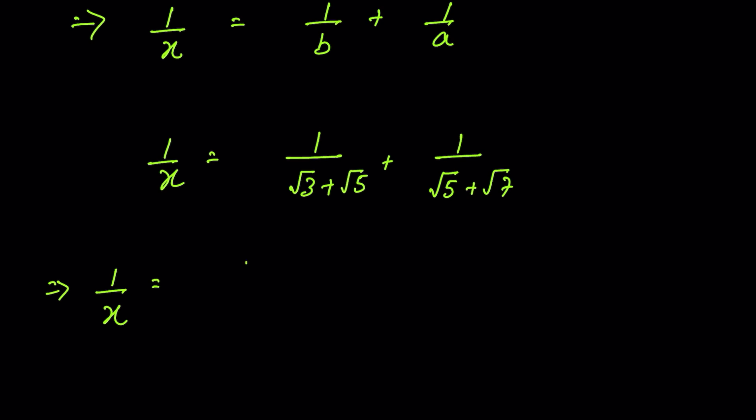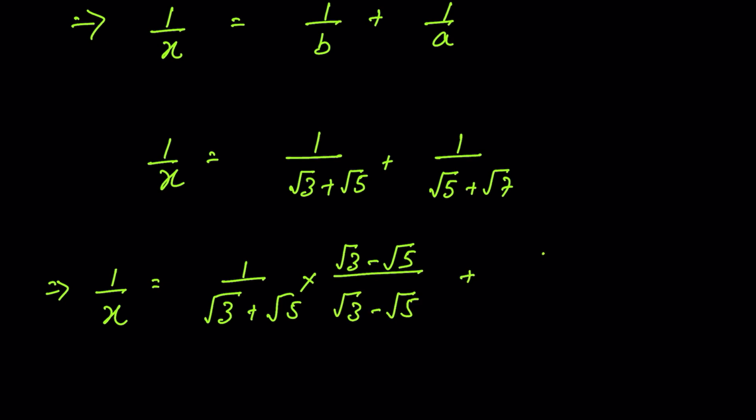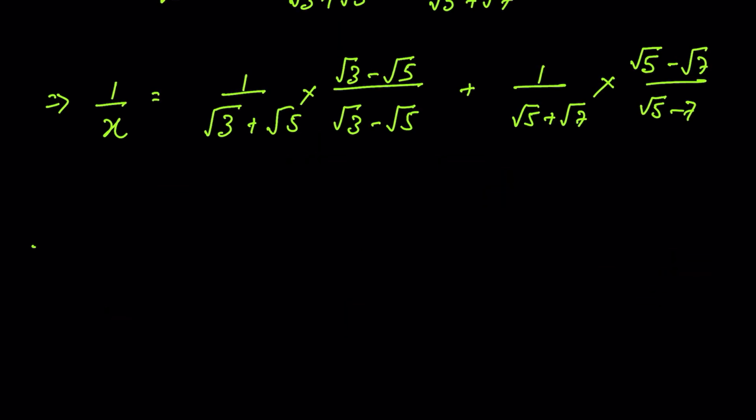So 1 upon square root of 3 plus square root of 5. We divide and multiply by the conjugate of the denominator. So square root of 3 minus square root of 5 is the conjugate, plus 1 upon square root of 5 plus square root of 7. And to rationalize it, we multiply and divide by square root of 5 minus square root of 7.